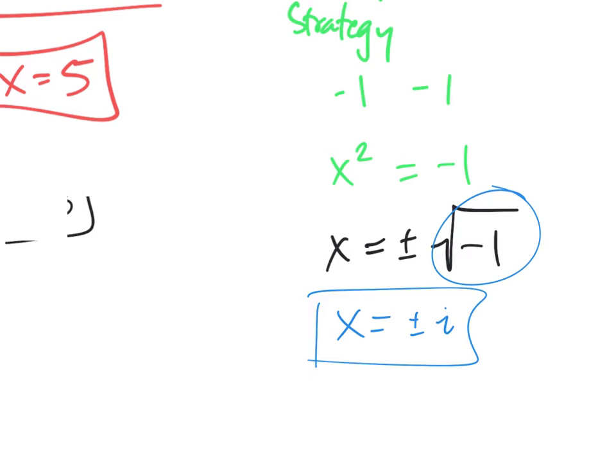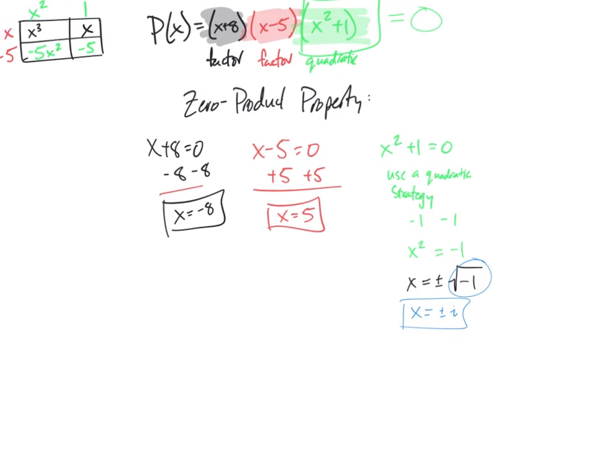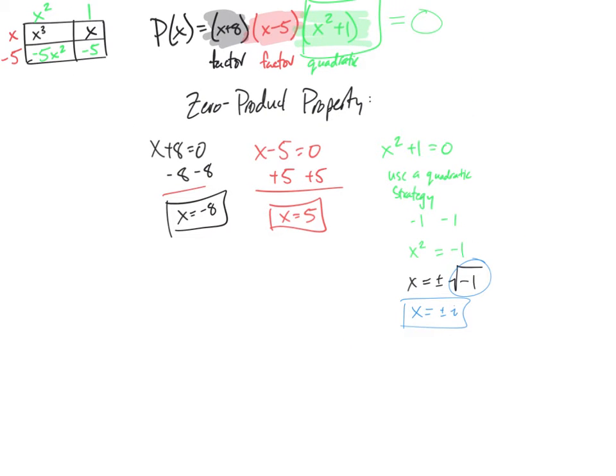So this is my solution. I have 4 of them. I have this one, I have this one, and then I have x is positive i, and x is negative i. Both are solutions. So there are my 4 solutions.